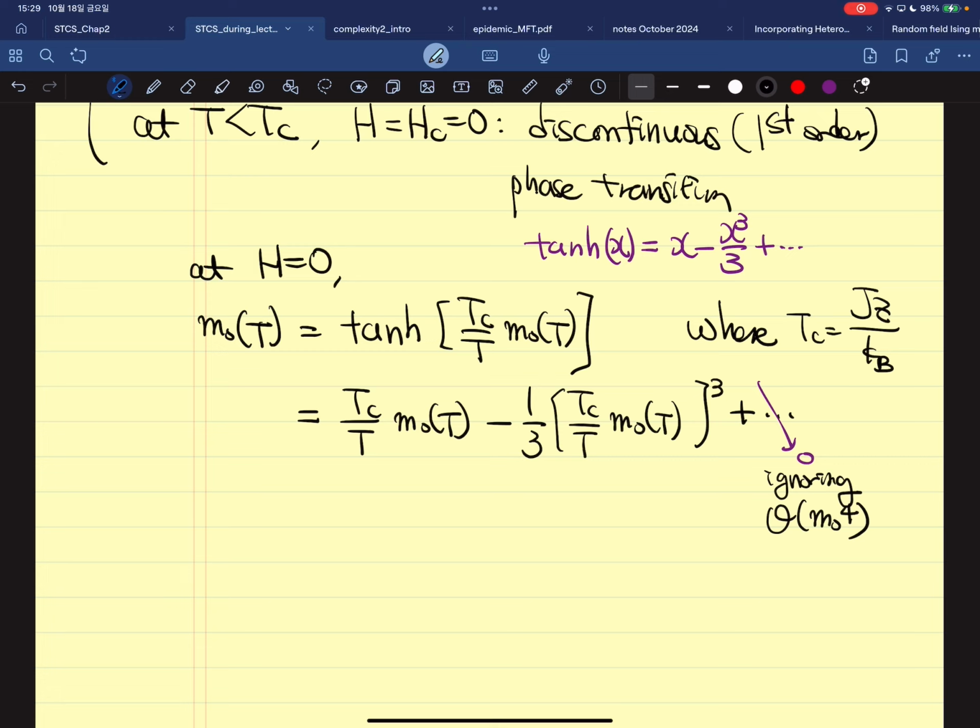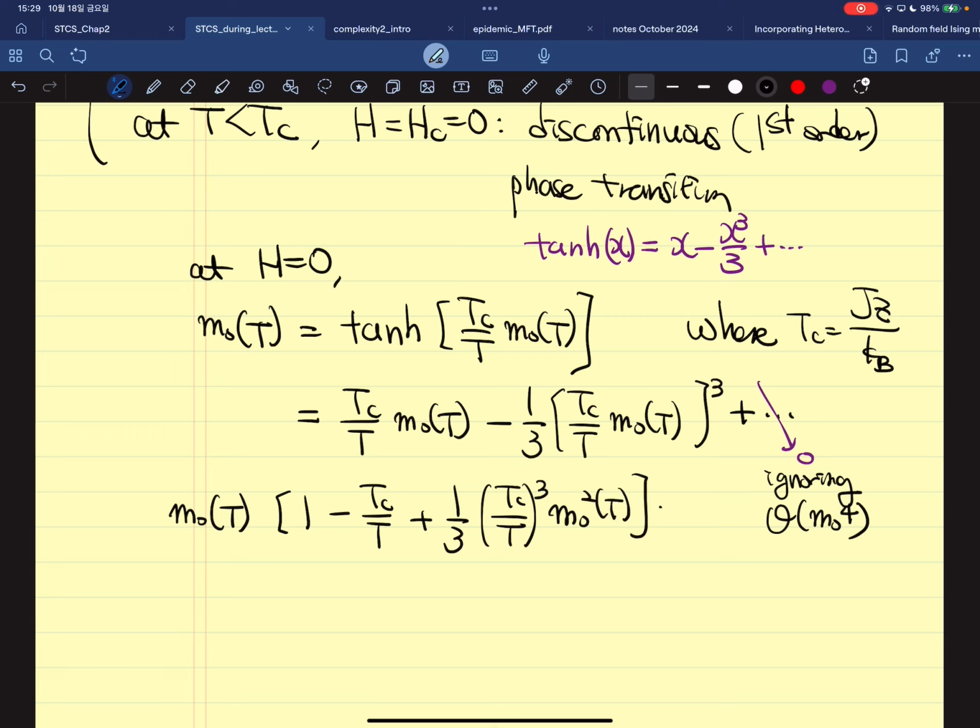Then we can have this, something like Tc plus m cubed, and this is 0.